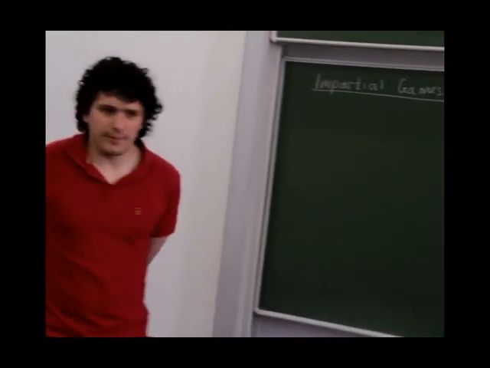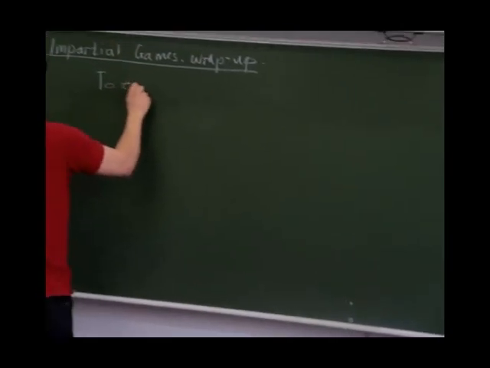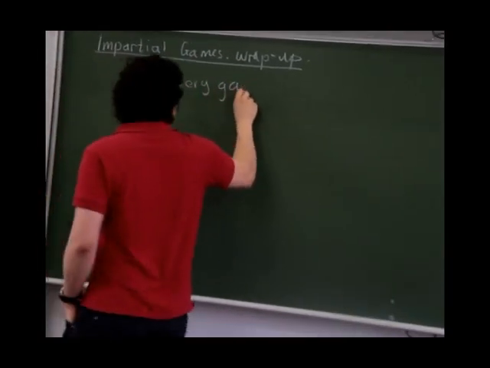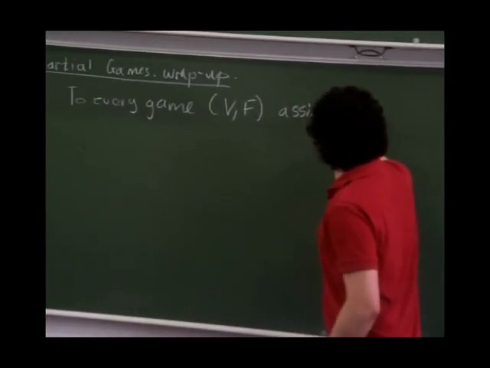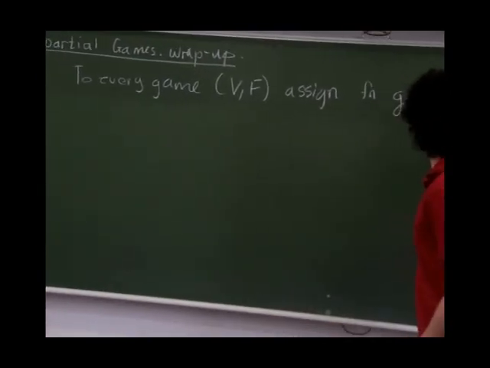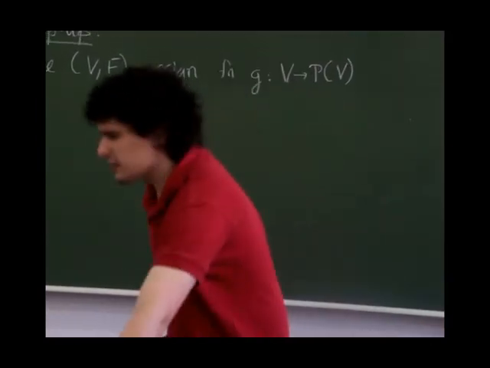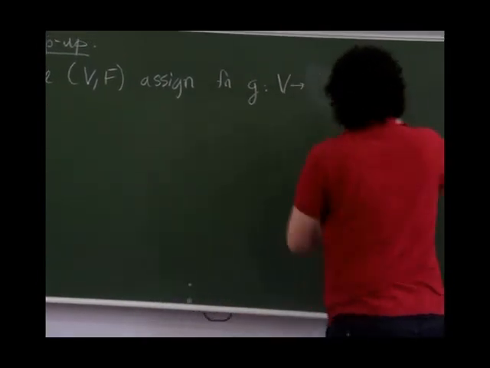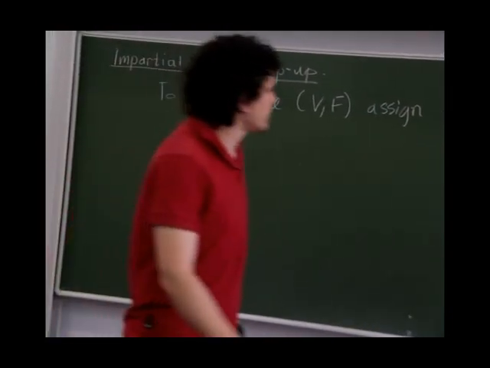Okay, let's wrap this up. The first thing we did was we assigned to every game a function g that maps to the naturals. Right? This was our Sprague-Grundy function. We've all assigned it to a couple of different games.